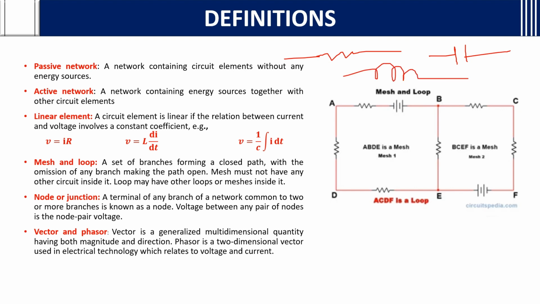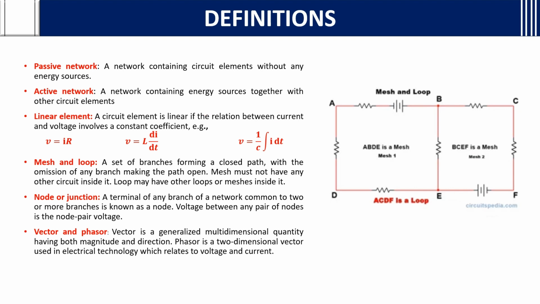Because all components other than voltage and current sources are passive. Passive networks take energy from some other element like a voltage or current source. But active networks are not like that. Active networks are voltage sources and current sources, which give energy to resistors, capacitors.